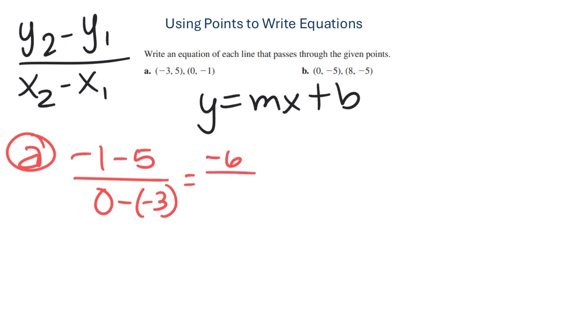And 0 minus negative 3 gives me? Does it give me negative 3? Plus 3, right? Can I simplify this? What's negative 6 divided by 3? Negative 2, right?